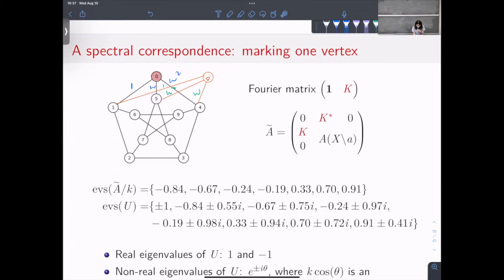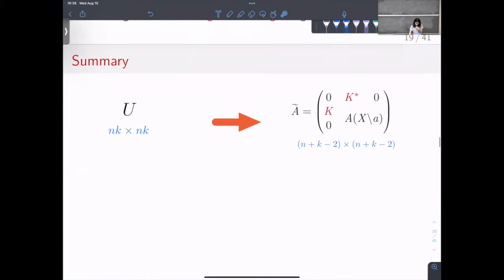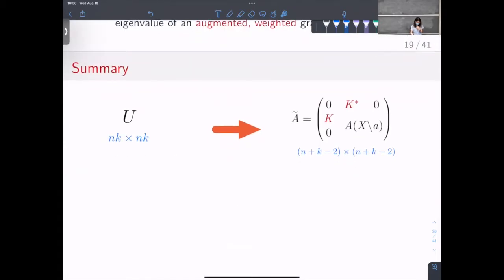And the adjacency matrix for this augmented weighted graph will determine the eigenvalues of U. So here is the spectrum after normalization, and the plus minus 1 are still there. And you can see each of these real eigenvalues of A tilde will give rise to a pair of conjugate eigenvalues.